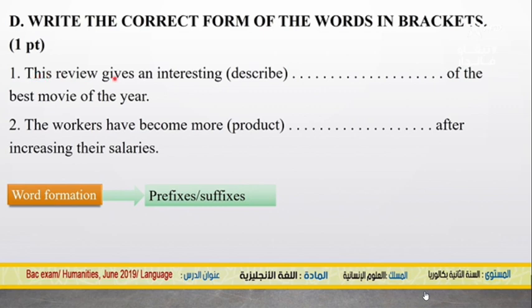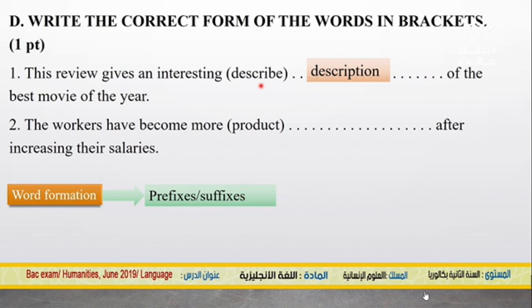We have, this review gives an interesting, and we have describe. "An interesting" is what? It is an adjective. Very good. So what we need here is what? We need a noun. Very good. So now, what is the noun of describe? Well, it is description. Well done.